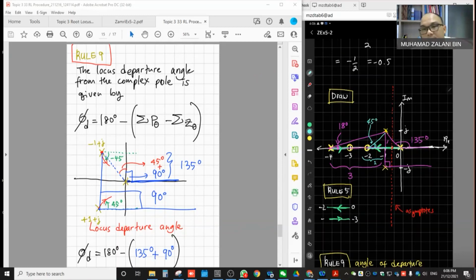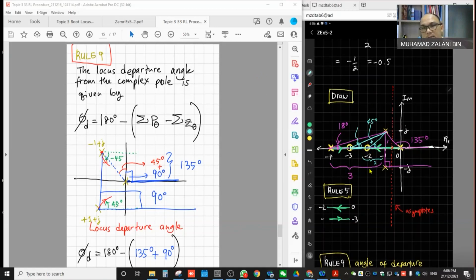So the final one starts from this pole to the zero here. Another angle from that pole to the zero with respect to the horizontal, which is this angle, with 3 lines over there. I am showing that angle. What is that angle?